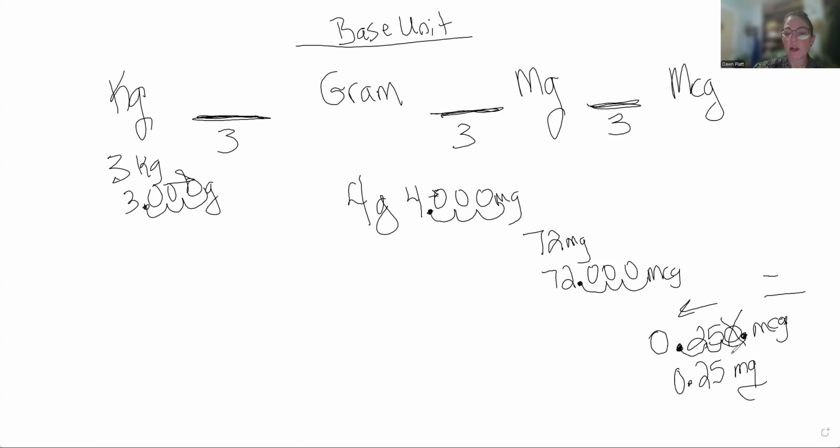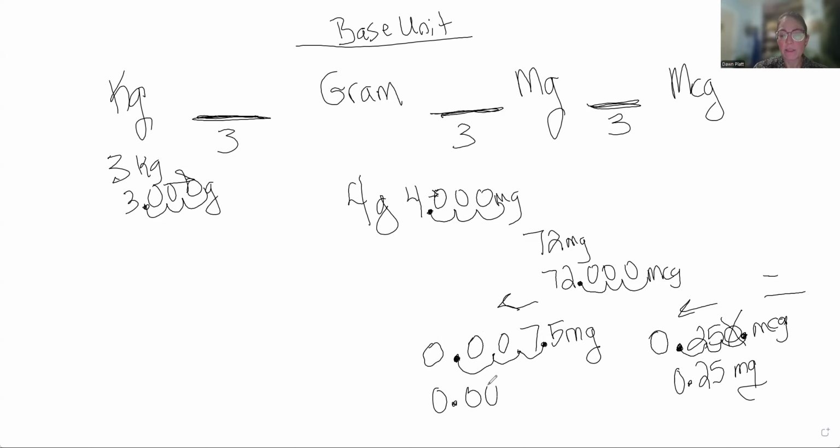Now let's say I start off with 7.5 milligrams and I want to turn it into grams. Again, I'm going to go to the left. Here's my decimal point. I'm going to move it left 3 decimal places, 1, 2, 3. The decimal point is going to go there. Add my zeros, and I have to add my preceding 0, and I come up with 0.0075 grams.